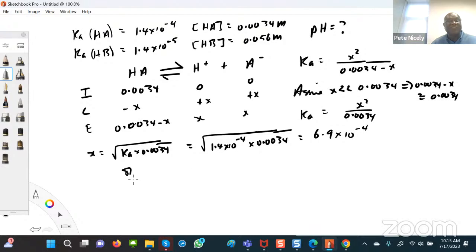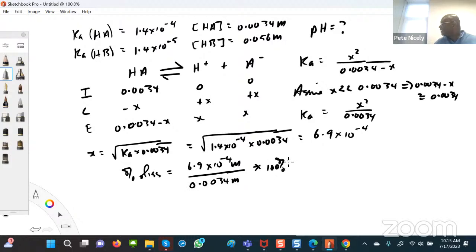The percent dissociation is equal to 6.9 times 10 to the minus 4 M divided by the initial concentration, which is 0.0034 M, times 100%. Based on my calculations, this is 6.9 times 10 to the minus 4 divided by 0.0034.